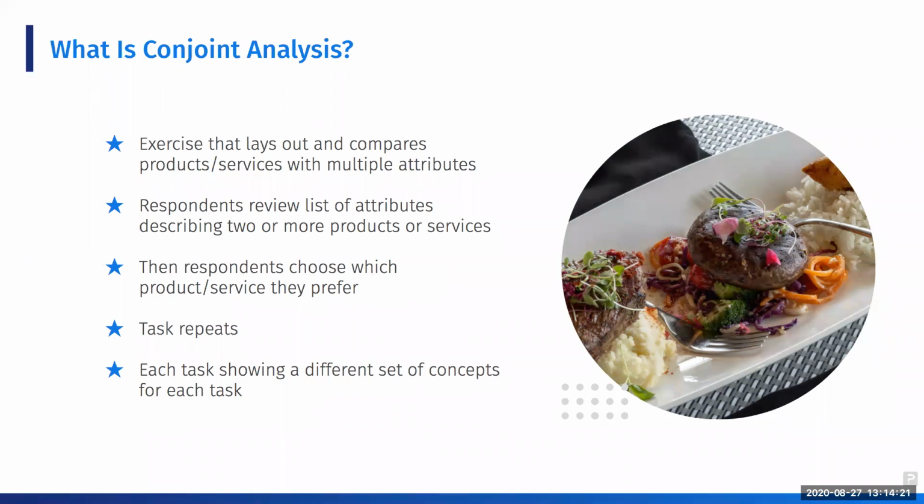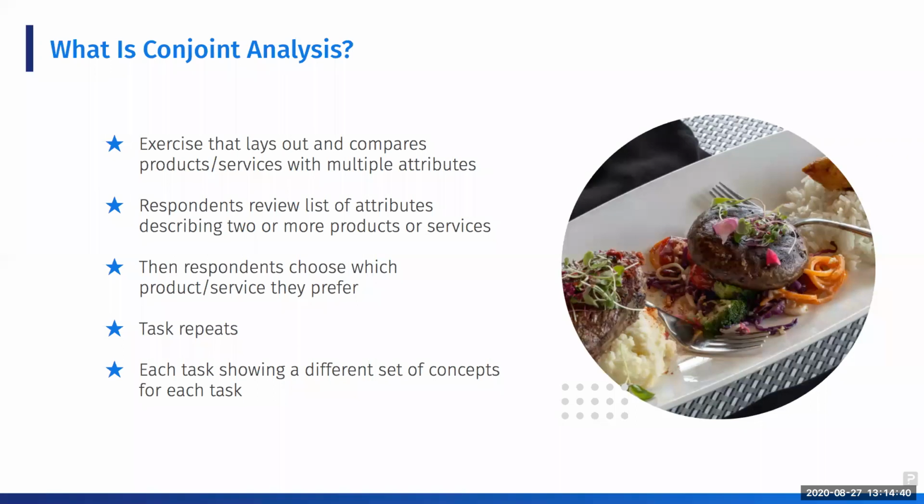First the researcher breaks down all the different components, and then the respondents get to choose. Just like with MaxDiff, the task repeats, and you will see a different set of concepts with a different set of attributes and items involved.